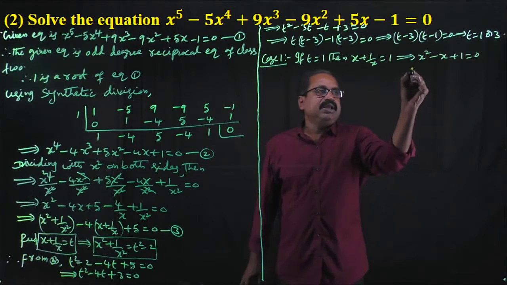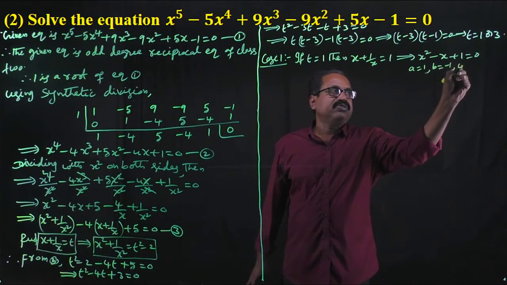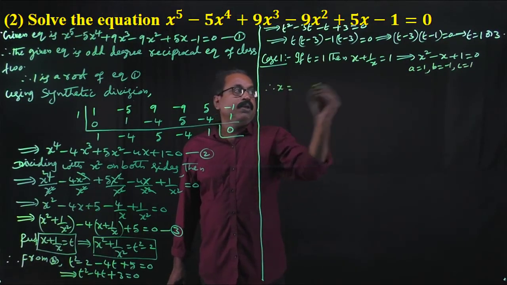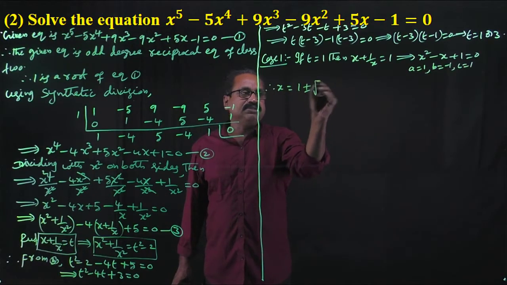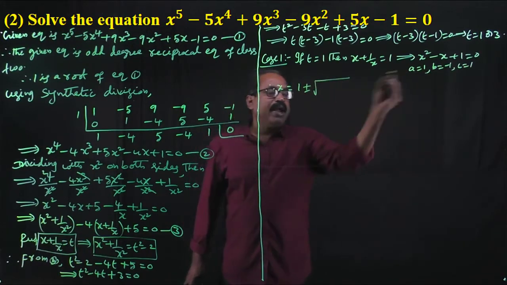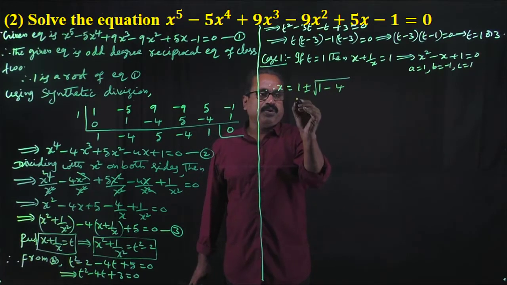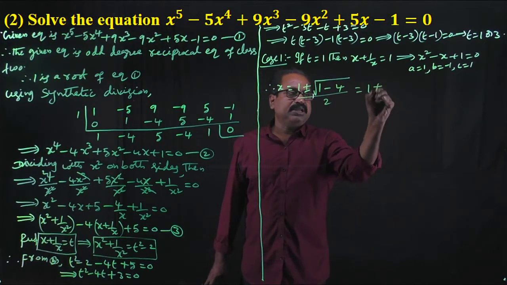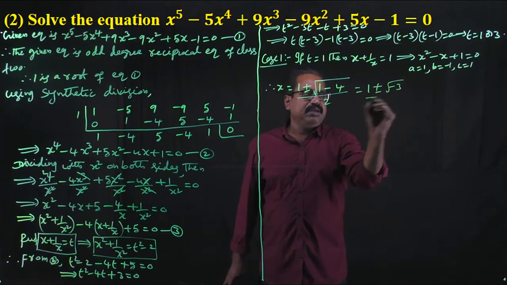Here small a is equal to 1, small b is equal to minus 1, c is equal to 1. Therefore, x is equal to minus b, minus of minus 1, 1, plus or minus root of b square minus 4ac, by 2a, that is 1 plus or minus square root of minus 3 by 2.